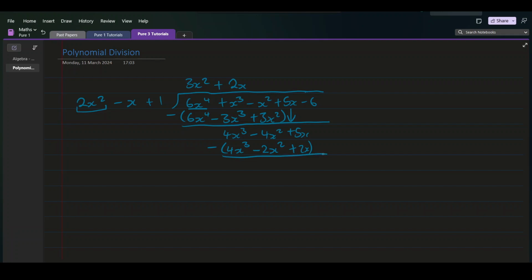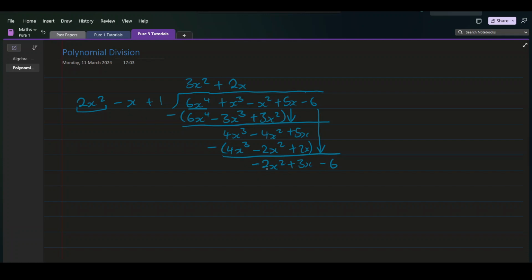Now let's subtract, so 4x cubed minus 4x cubed gives 0, minus 4x squared minus 2x squared gives us minus 2x squared. Then we have 5x minus 2x, which gives us plus 3x. Then we bring down our negative 6, so that's negative 6.